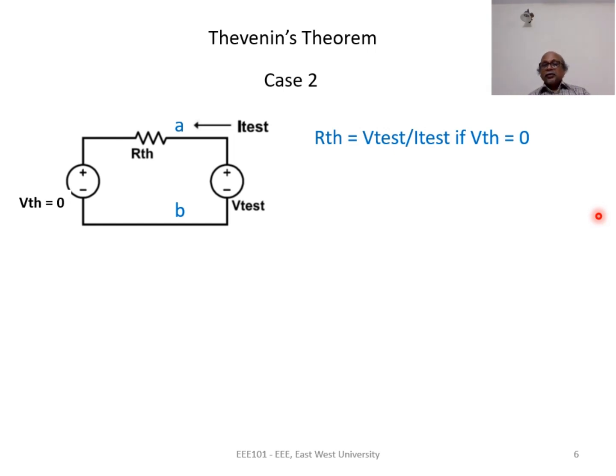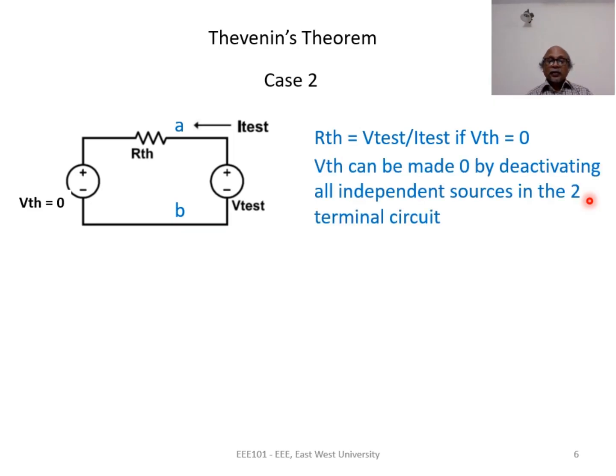So, an appropriate way to make VTH 0 in the two-terminal circuit is to deactivate all independent sources. So this is what is stated here. VTH can be made 0 by deactivating all independent sources in the two-terminal circuit. So this step is similar to the first step of case 1.